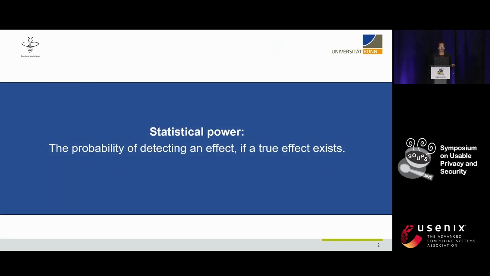So, power analysis. Statistical power is the probability of detecting an effect if a true effect exists. And using a priori power analysis, we can calculate how many participants we need to detect an effect of a certain size and reach a certain power. And this is especially important because underpowered studies as well as overpowered studies are actually a waste of resources, our researcher time, our participants' time.